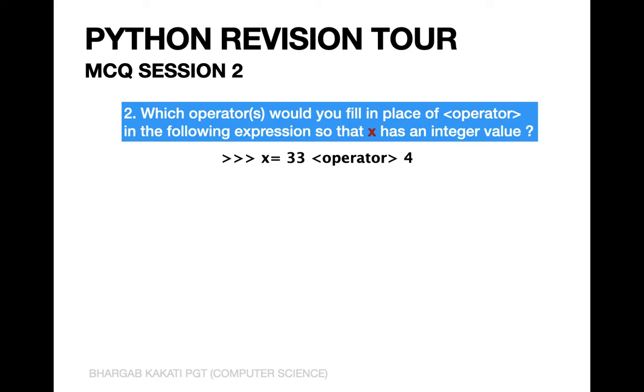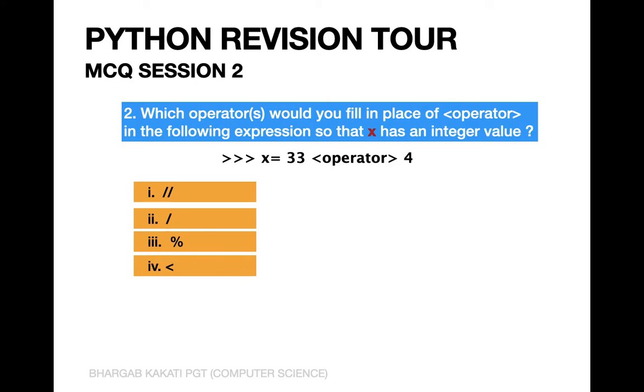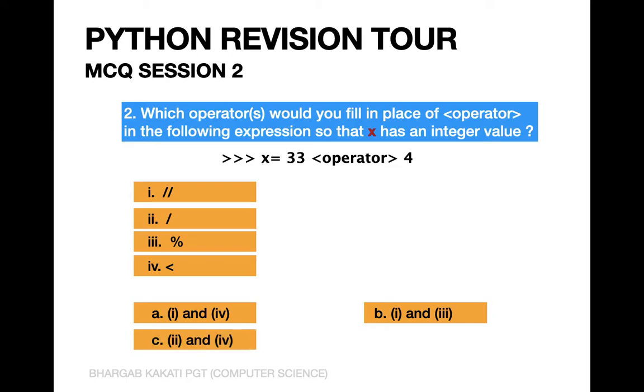You have to say which symbol out of the given options, which are //, /, %, and less than, will come in place of operator so that the result is an integer value. And the options are A, 1 and 4, B, 1 and 3, C, 2 and 4, and D, 2 and 3.